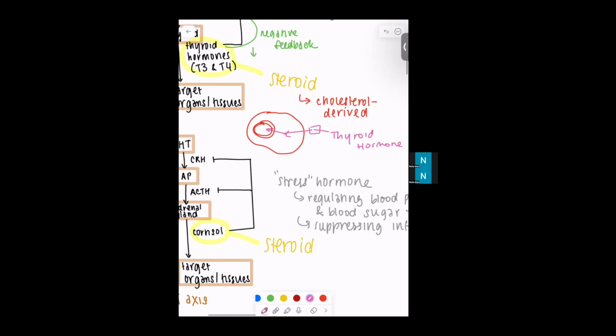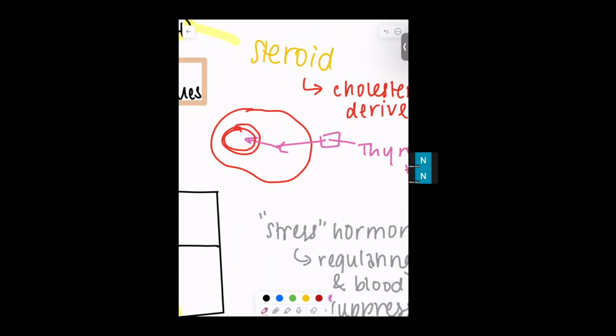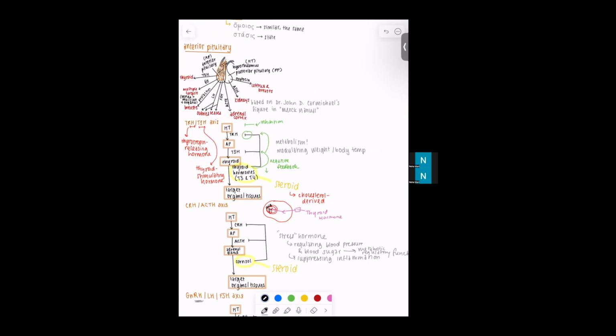And what can happen here, and we won't get into this too much in our videos, is that the thyroid hormone can bind to a receptor. Let's just draw the receptor here. And that receptor can bind to DNA and act as a transcription factor. So this whole binding event can trigger the transcription of certain genes involved in metabolism. And that's one of the ways that hormones could signal.